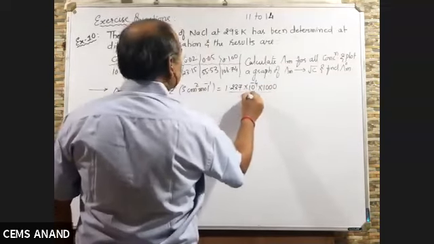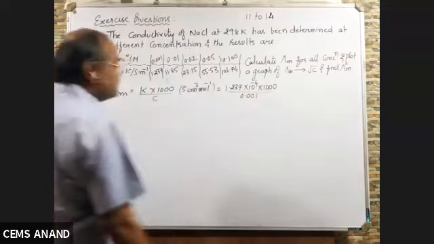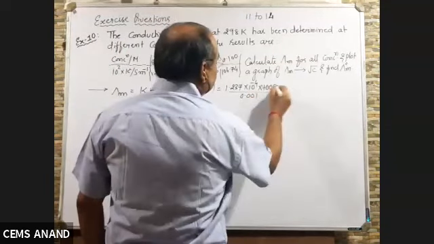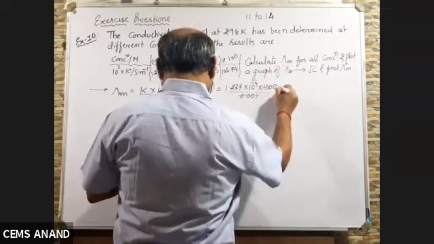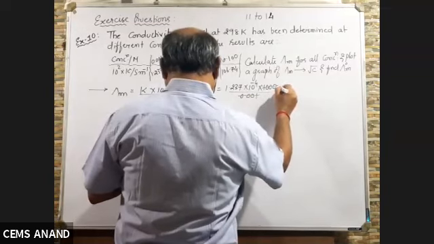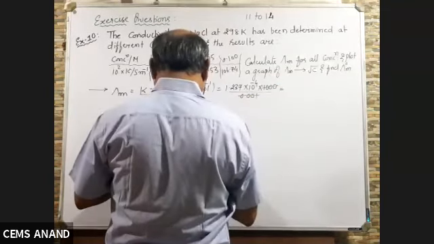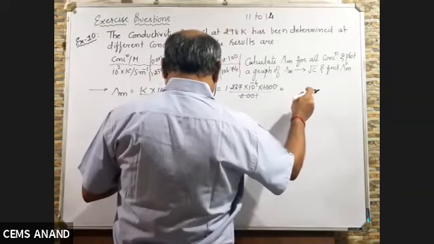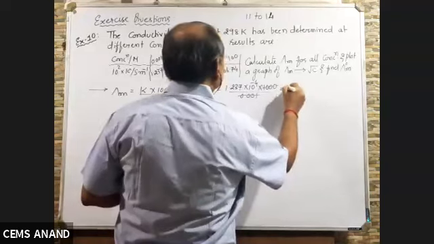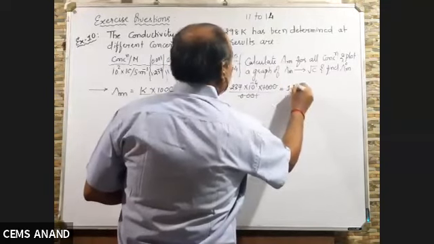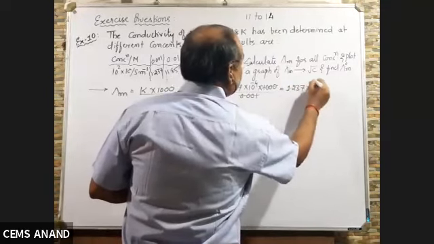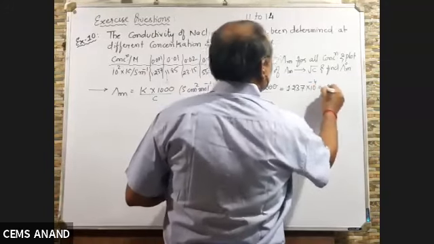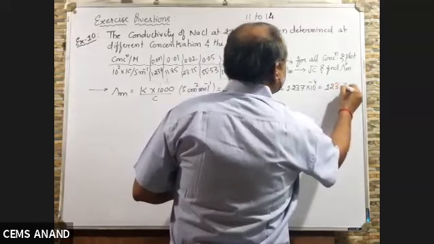C is given as 0.001, right? So 0.001 means 10 raised to minus 3. This will be cancelled out. So your answer will be 1.237 into 10 raised to minus 4, that I can write as 123.7.